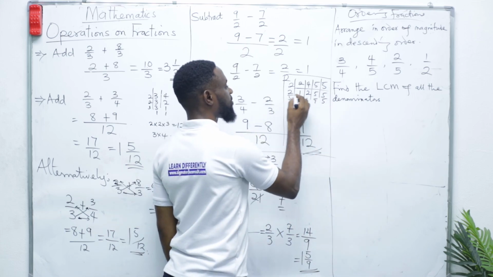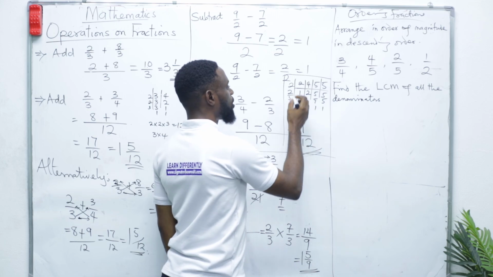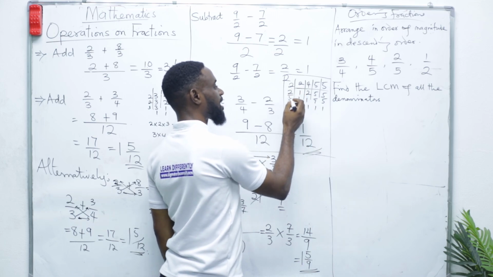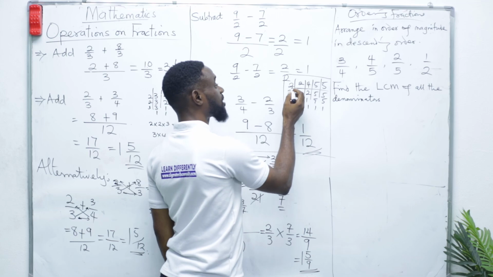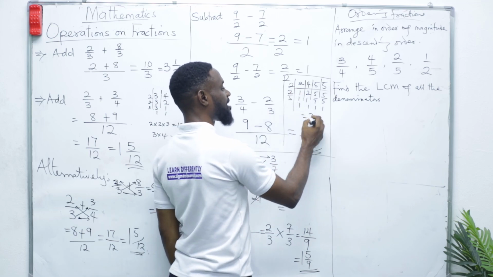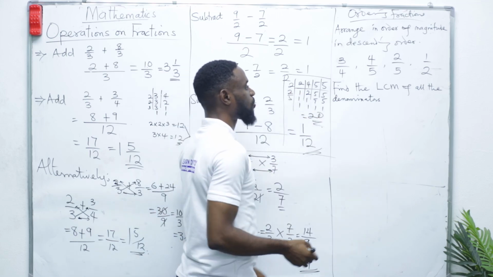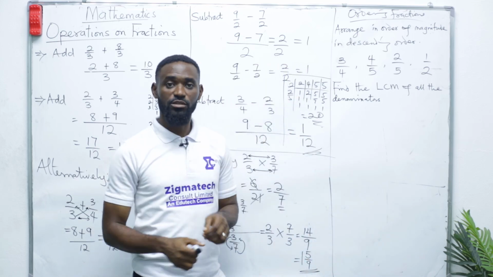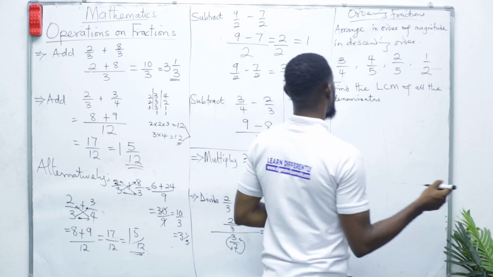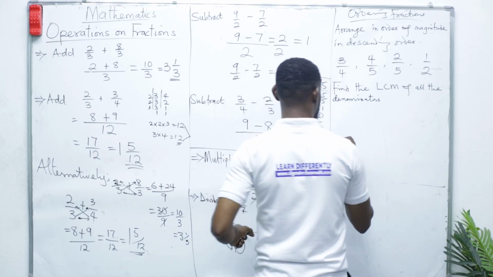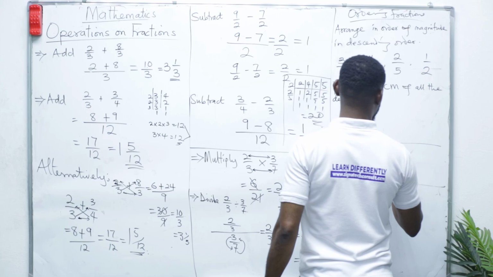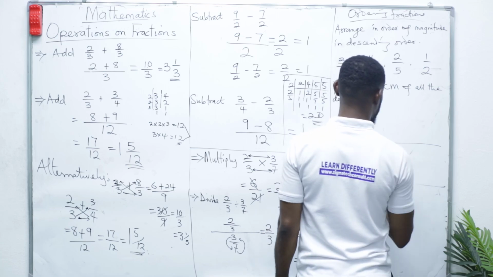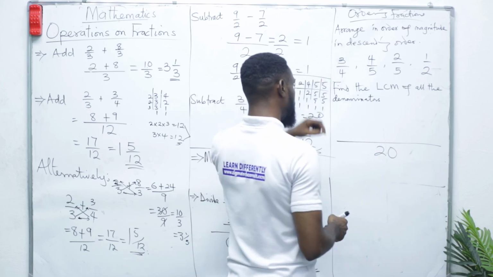There are 5s. 5 here will be 1, 1, 1, 1. 2 times 2, 4 times 5 is 20. So the LCM is 20. The LCM of 2, 4, 5, and 5 is 20. Do you understand that? So bring them out and put the 20 here as the LCM. Is that okay?